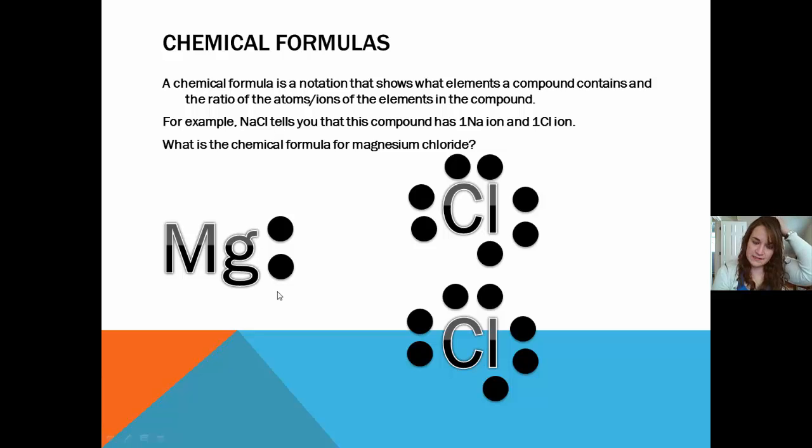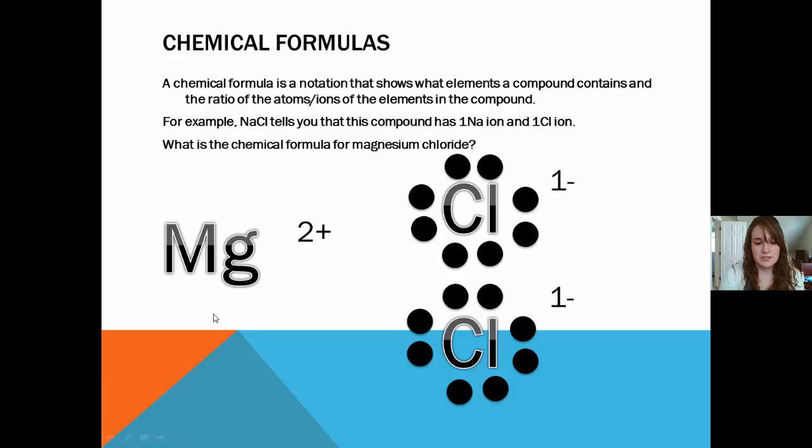If we look at this, the chemical formula for magnesium chloride. So what happens is magnesium is a metal, so it becomes a cation. So it gives up its electrons. Gives one to one chlorine atom and the other to the other chlorine atom. So those charges, magnesium lost 2, so it becomes 2 plus.